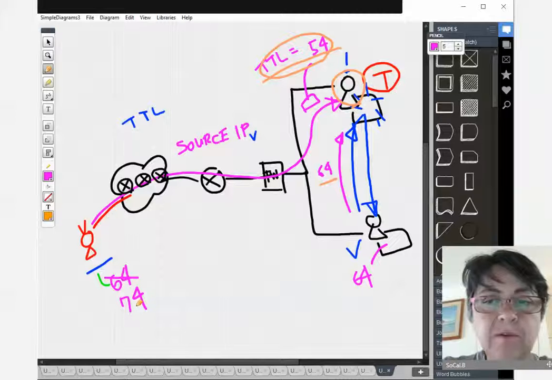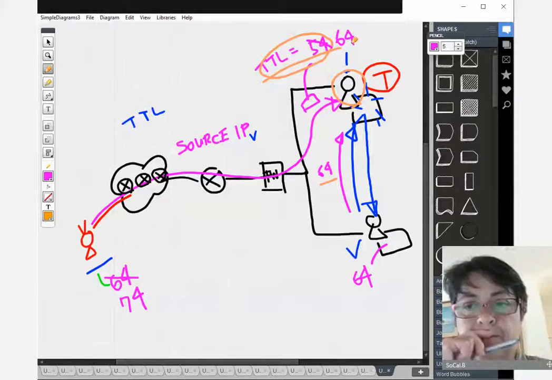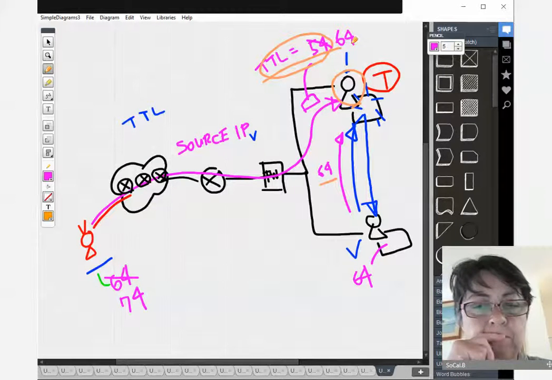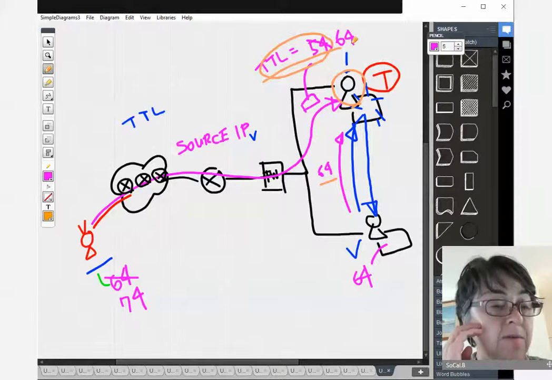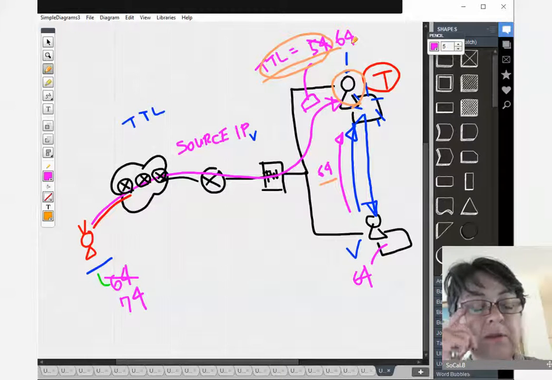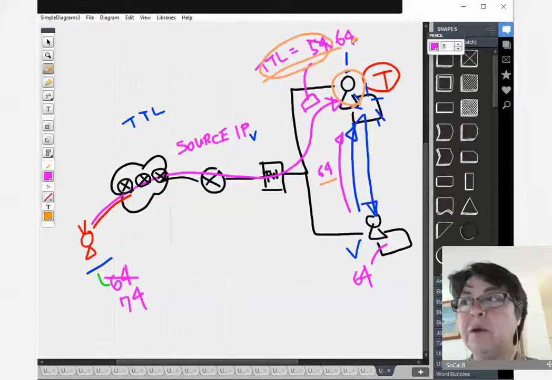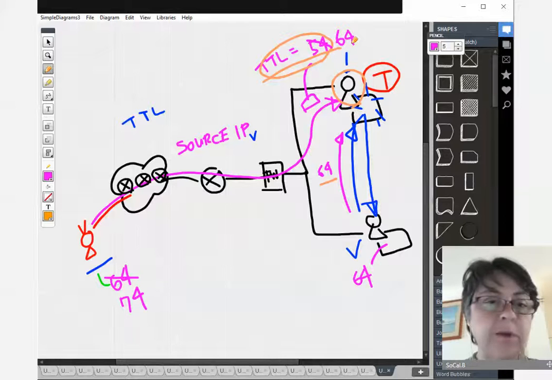Now the TTL is going to be 64. You see how traceroute can be exploited in this way?